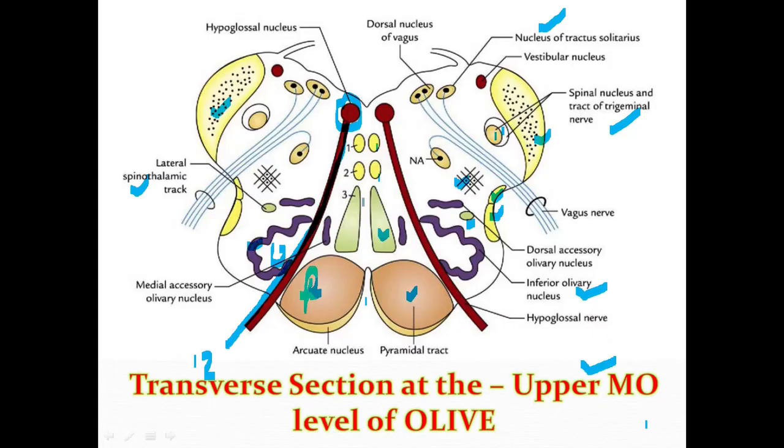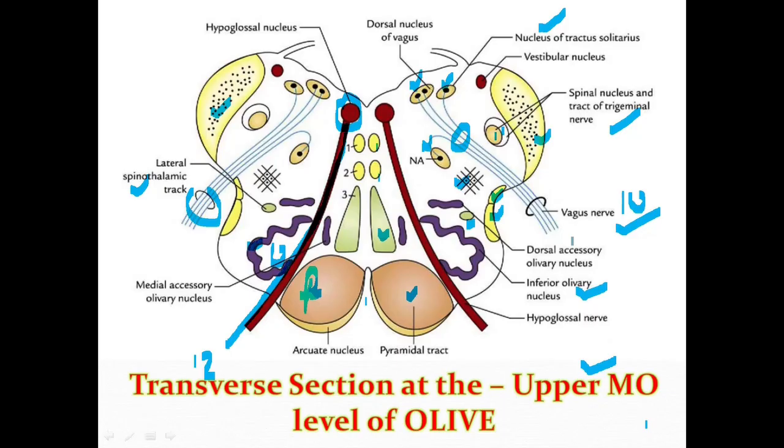Then between olive and ICP, you are able to identify the emergence of the vagus nerve, that is the 10th cranial nerve, with a combined nerve nucleus called the dorsal nucleus of vagus, the nucleus ambiguus, and nucleus tractus solitarius as the functional components. As a group, these three nuclei take part in the formation of the vagal nerve nuclei and the vagus nerve emerges outside. And these are the main important concepts to be studied for the upper part of the medulla oblongata.